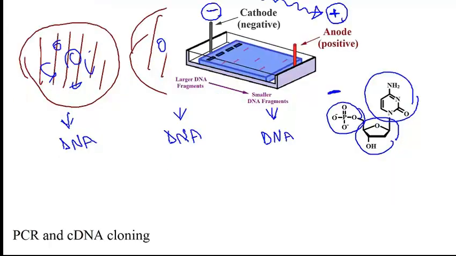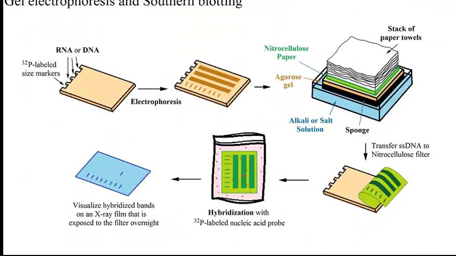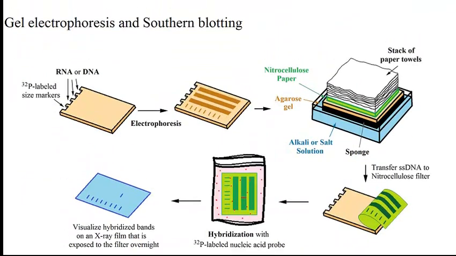Here we can use a Southern blot, which I will explain a little later. So here we've separated the DNA on the agarose gel. We will place the gel into an alkali or salt solution in order again to dissociate the double-stranded DNA into single-stranded DNA.